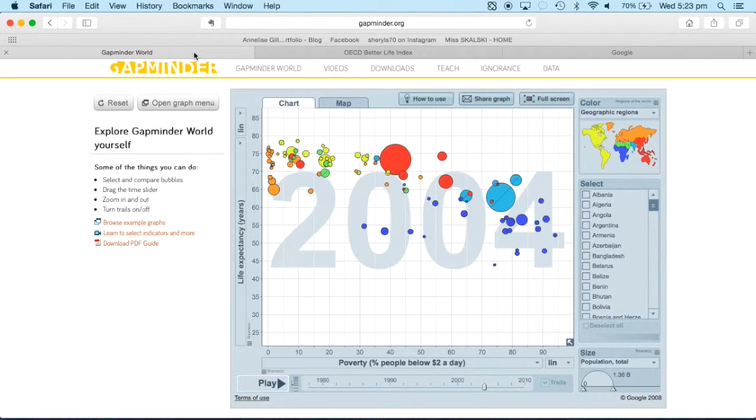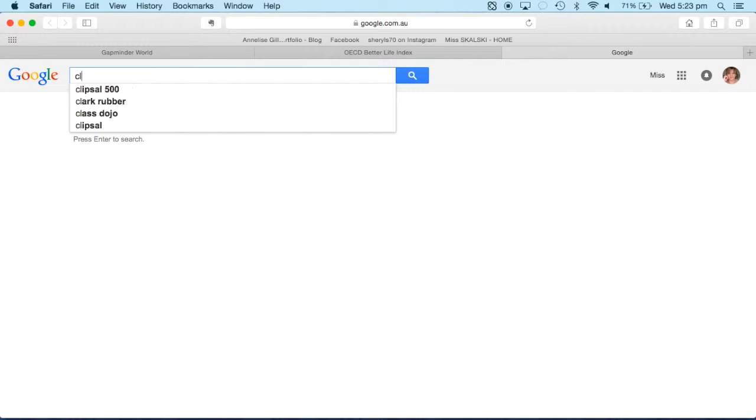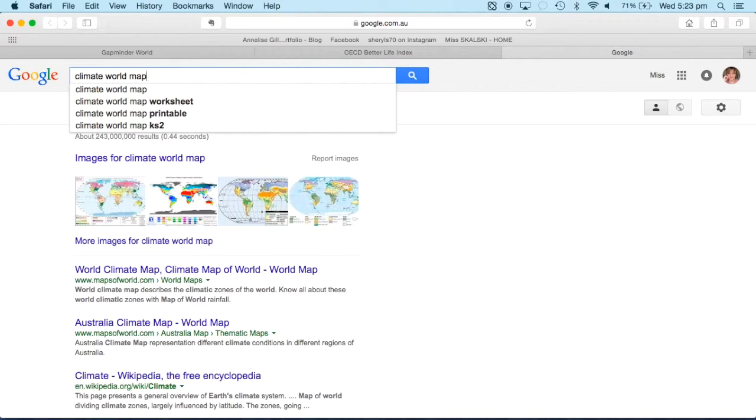Okay, so the first thing we're going to look at is how to find the climate. Most of the characters on the list have specified whether they like hot environments, temperate environments, cold environments, etc. The easiest way to do that, if we just open up a new tab, is to do a search for climate world map.